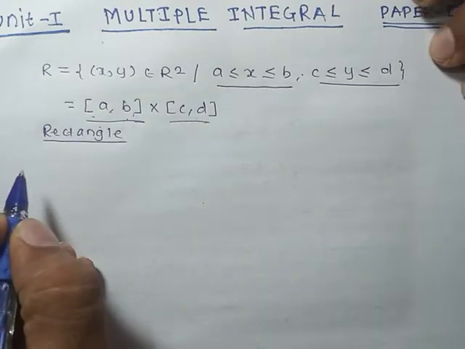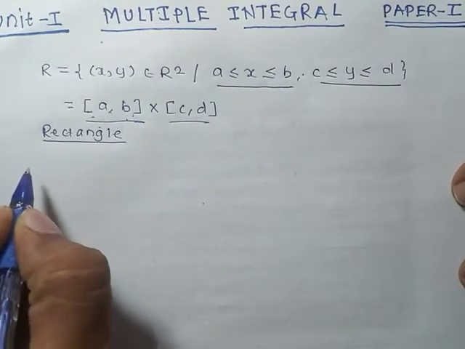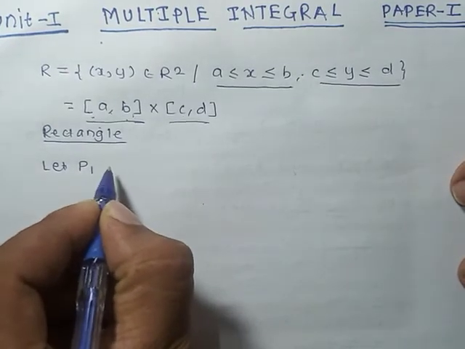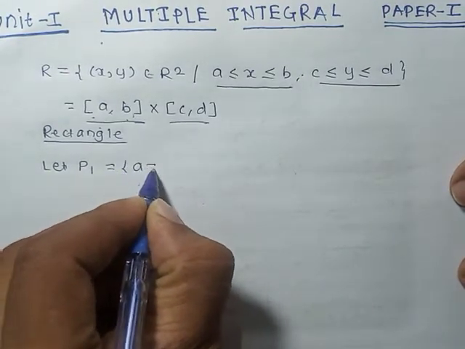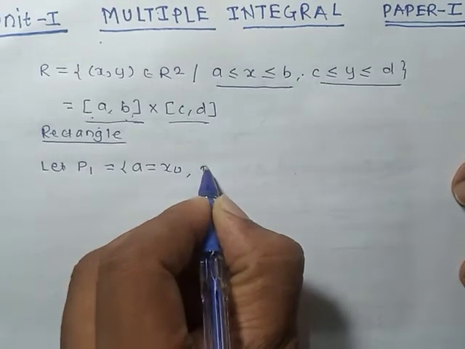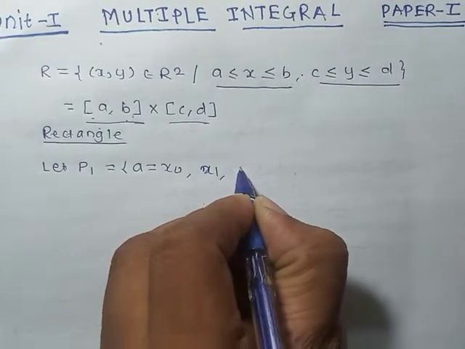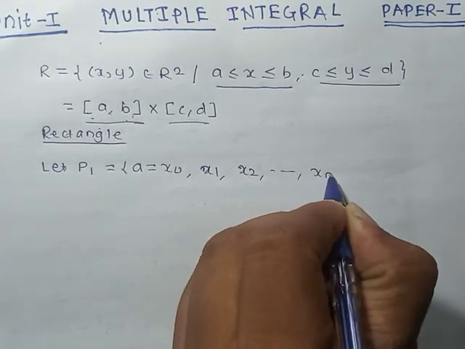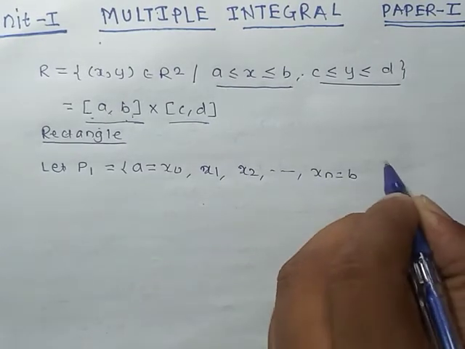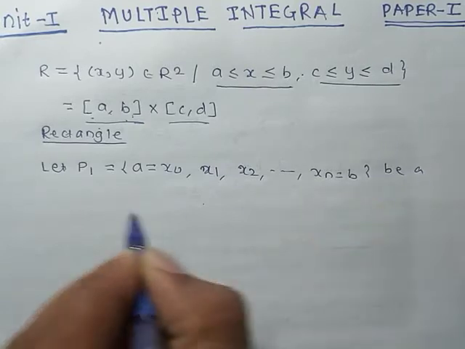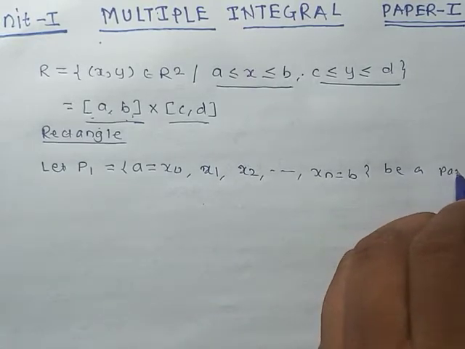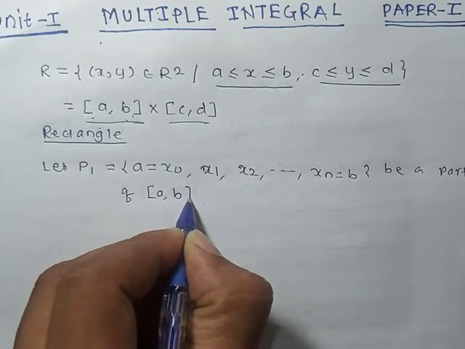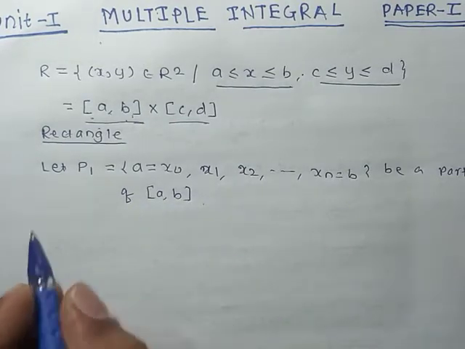Now the partition. Let P1, with a = x0, x1, x2, and so on up to xn = b, be a partition of the closed interval [a, b].